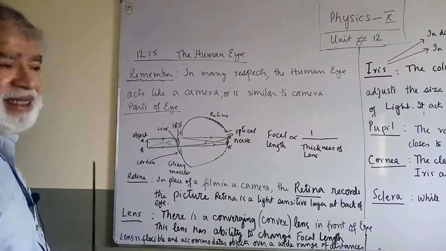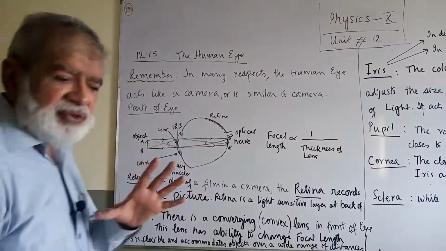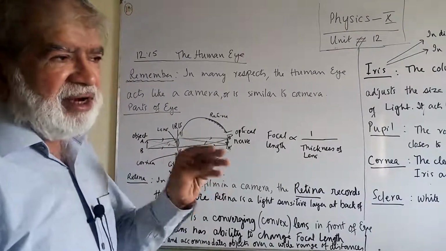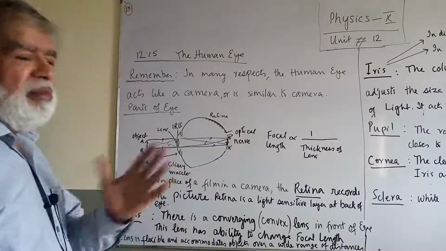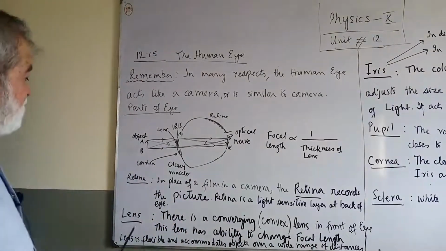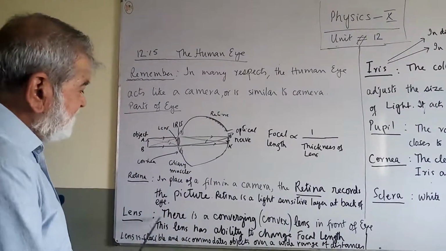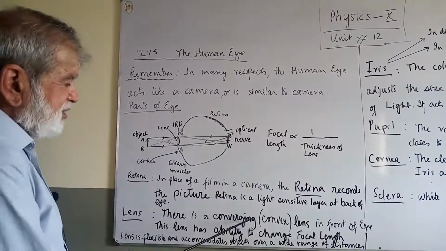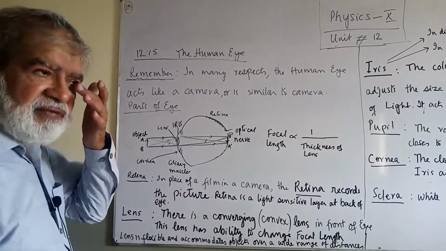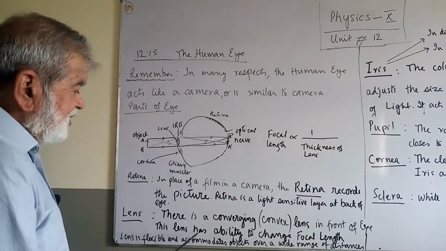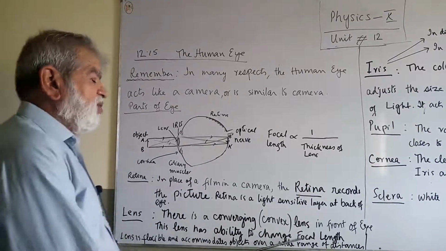Two, the second is the lens. In a camera you have a convex lens in front which allows the picture to be made onto the film. The lens is a converging lens, it's a convex lens. It is just in front of the eye. This lens has the ability to change focal length.